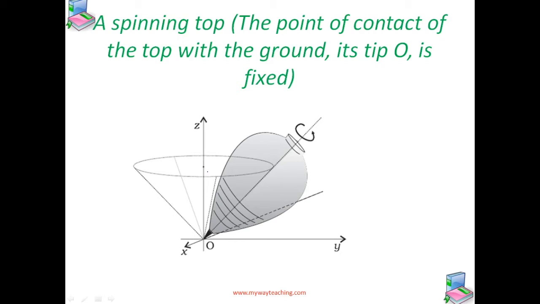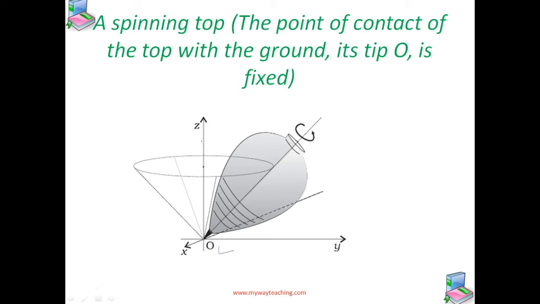Only the point O is fixed to the ground, but the axis continuously changes as it rotates. This movement of the axis of the top around the vertical is termed precession.